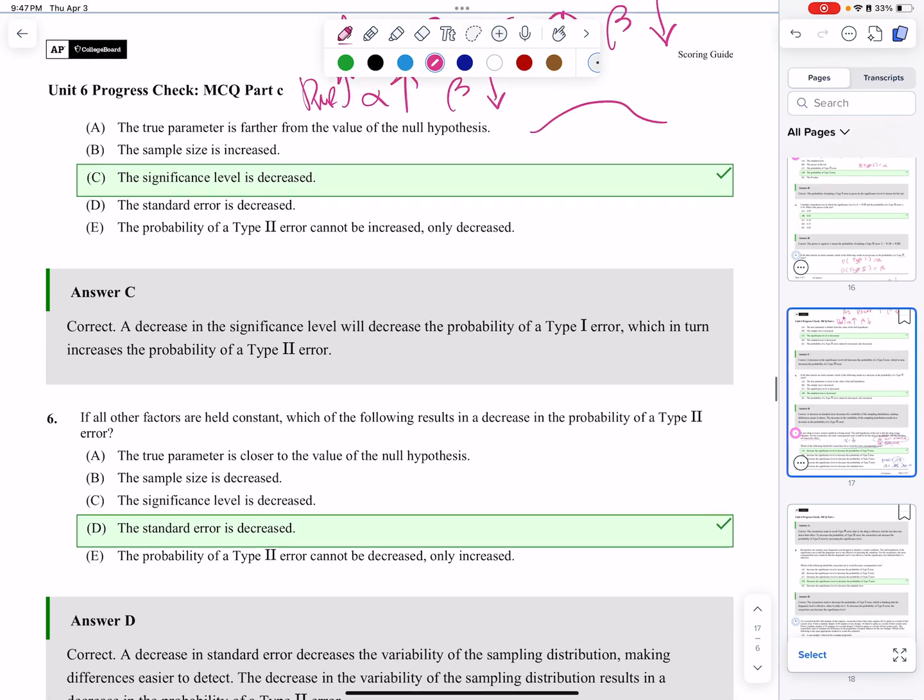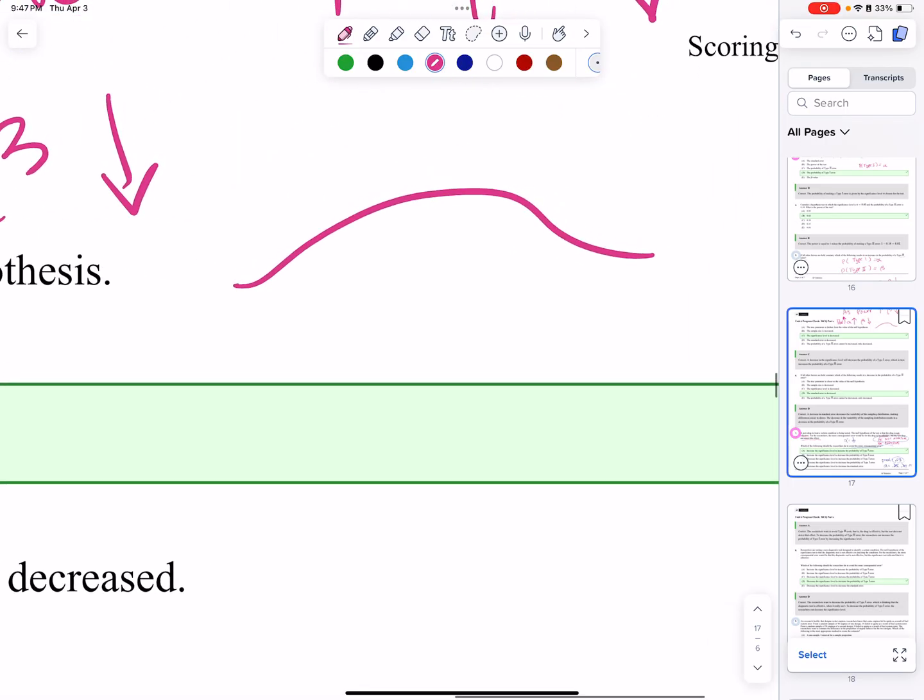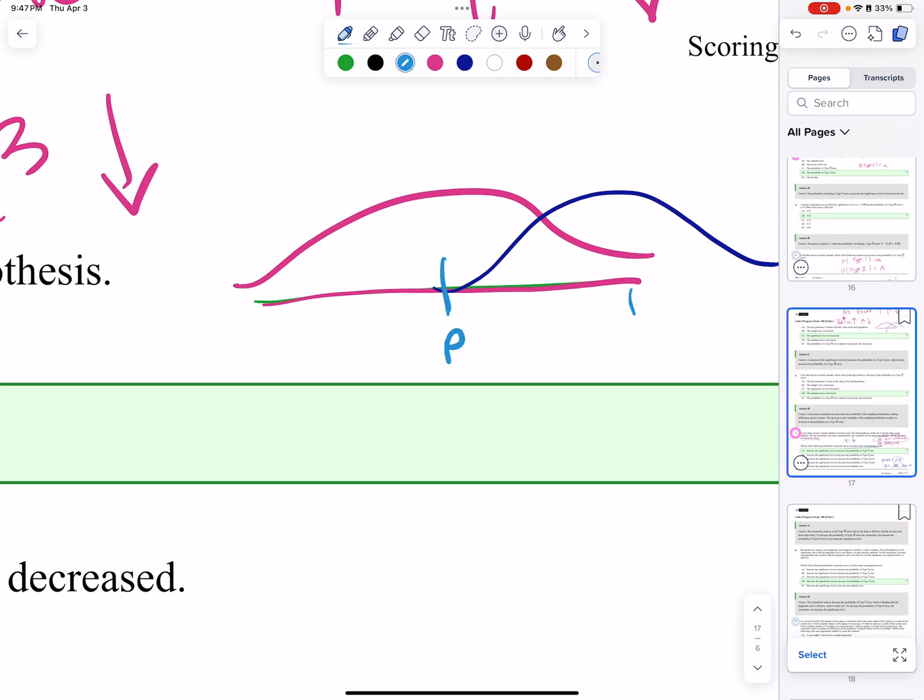When we draw it, let me just draw it here for you. So this would be my p, and this is my p hat. This is a really terrible drawing, sorry. This is my alpha right there, but then this is my beta. So that's beta, that's alpha, and then this is power.